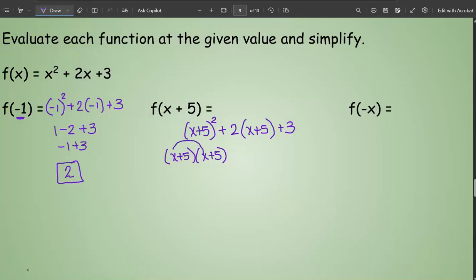So first, outer, inner, last. And then I'm going to go ahead and distribute the 2 while I'm at it.